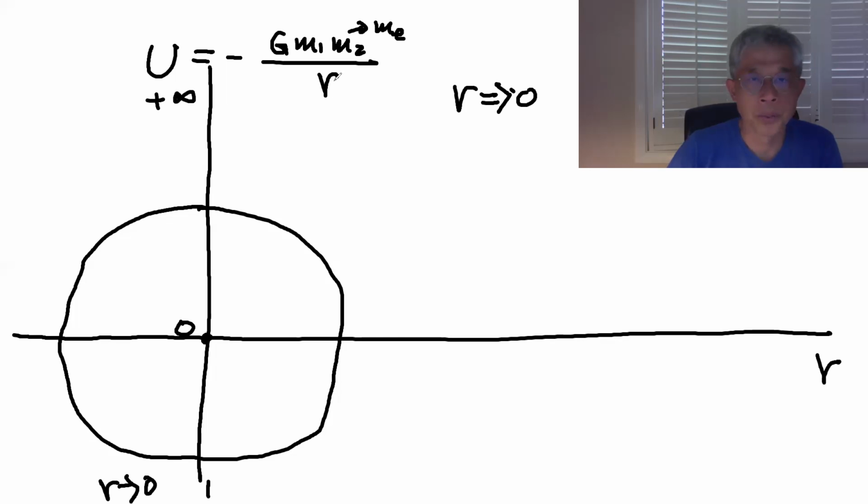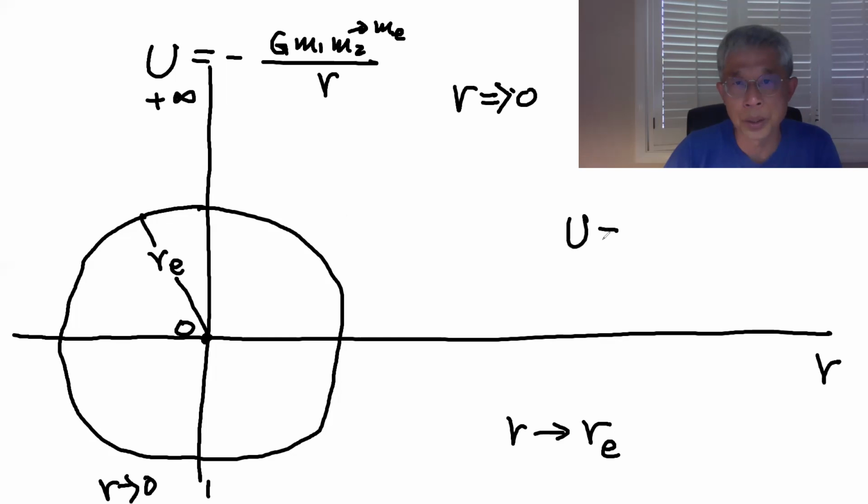And then when R is approaching RE, this is RE here, then this value is going to be U equal to minus G M1 M2 divided by RE.